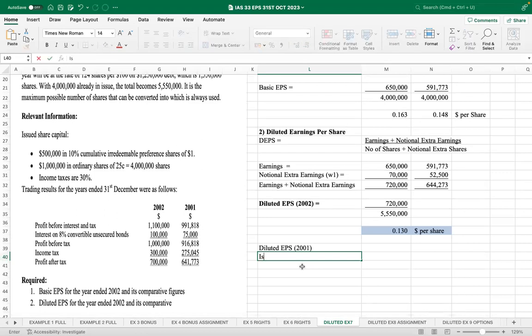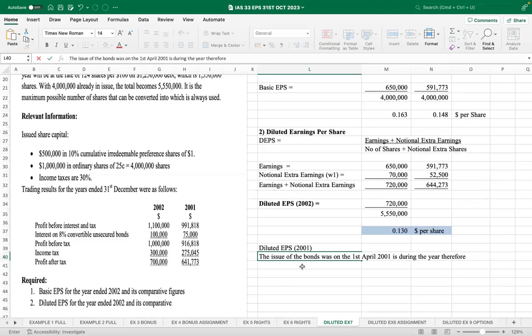The issue of the bonds was on the 1st April 2001, which is during the year. Let's take note of that.